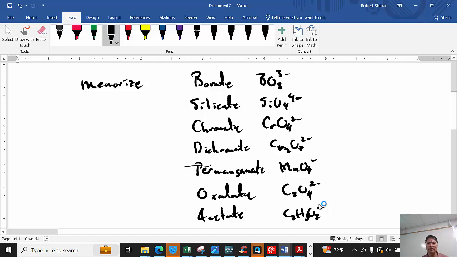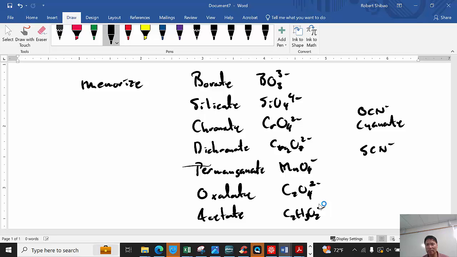I might have missed one or two, but there are some other anions in the book. So for example, cyanate and thiocyanate. I'm sorry, for dichromate, is that O7? O7. Yeah. Cr2O7.